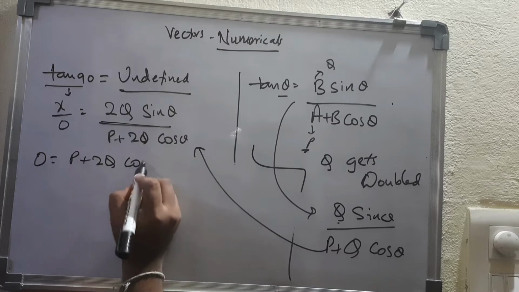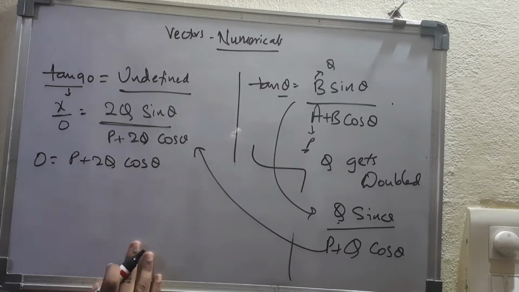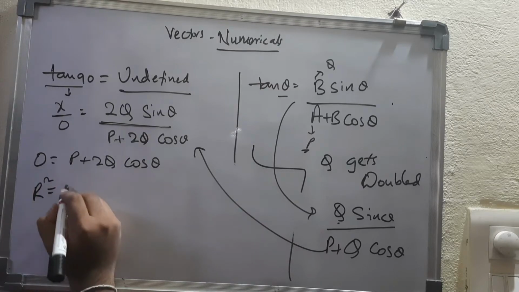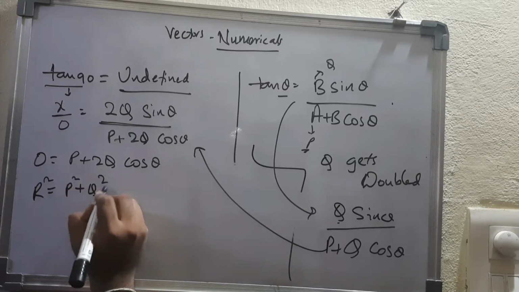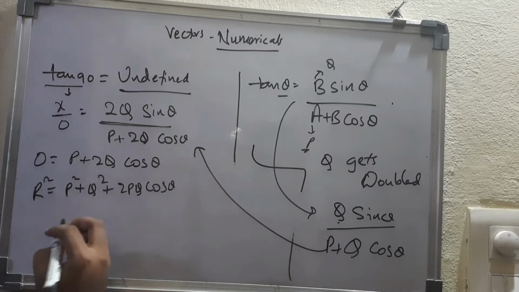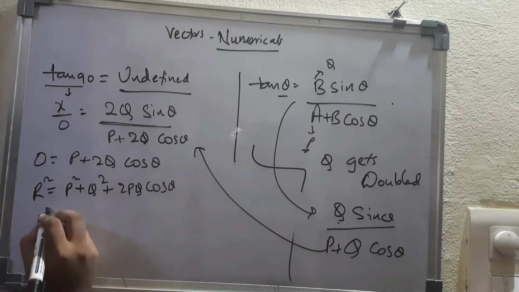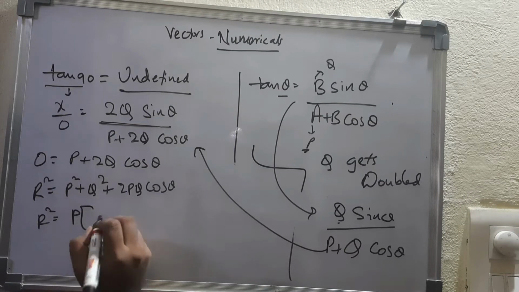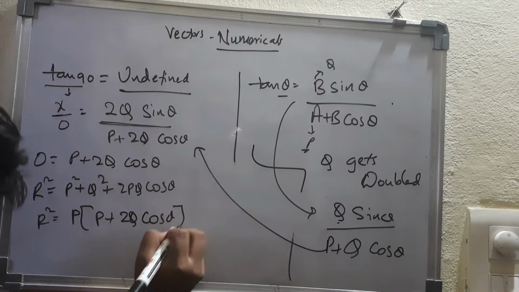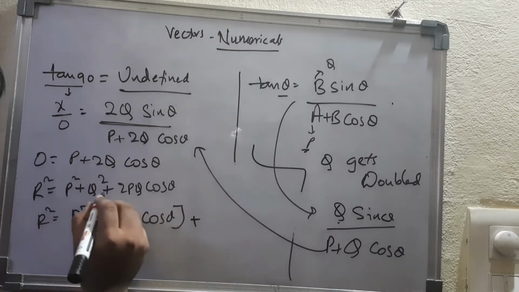2q cos theta equals 0. Now as we know, r square equals p square plus q square plus 2pq cos theta. So r square equals, taking p as common, p into (p plus 2q cos theta) plus the remaining q square.